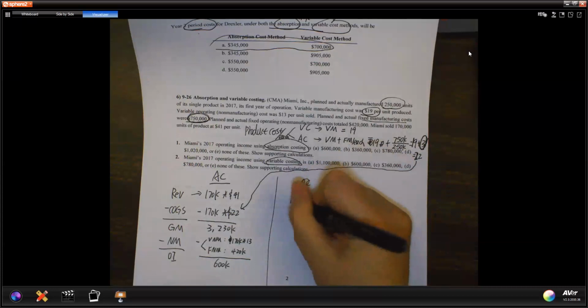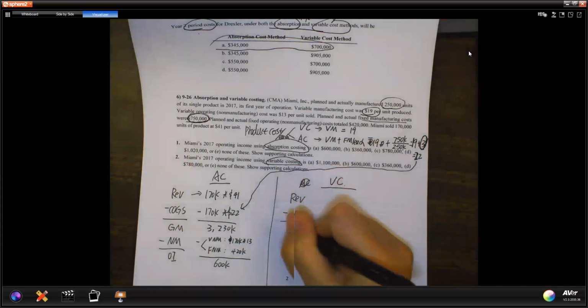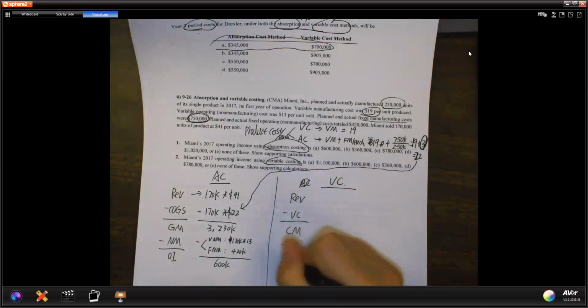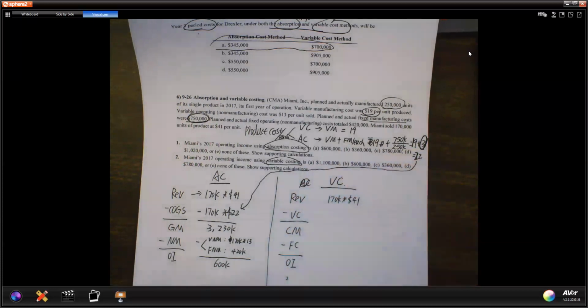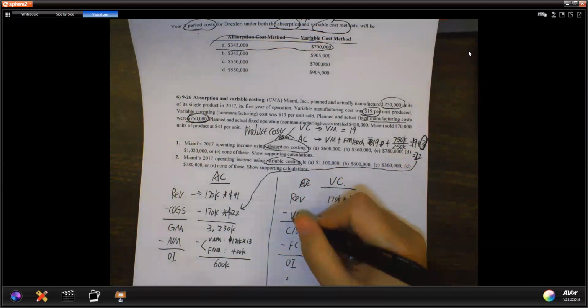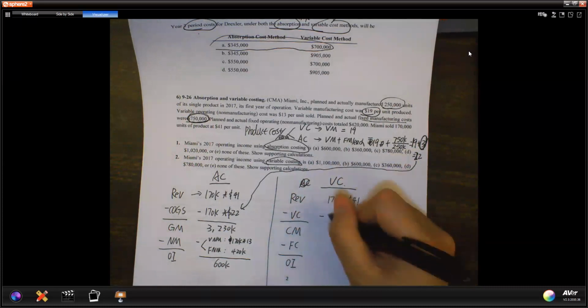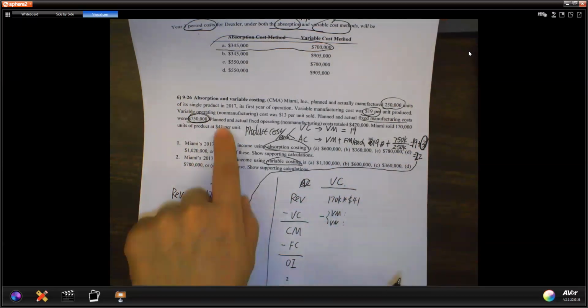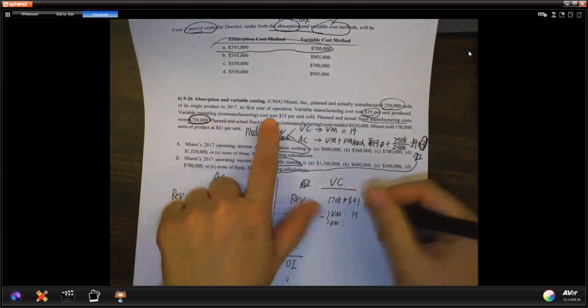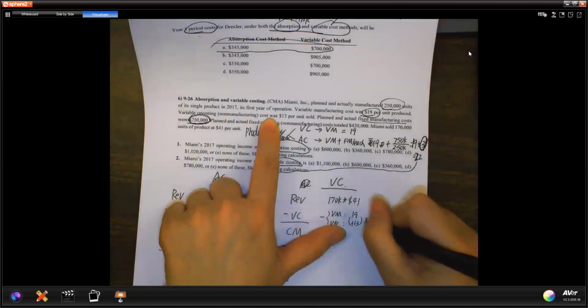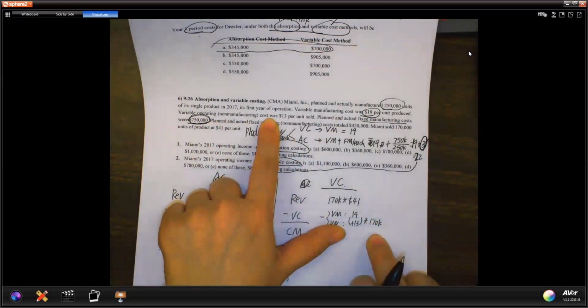Now look at our variable costing method. It's your revenue minus variable cost gives you contribution margin, minus your fixed cost gives you operating income. Our revenue is 170,000 times $41 each. We subtract all the variable costs, whether variable manufacturing or variable non-manufacturing: variable manufacturing is 19, variable non-manufacturing is 13, times the 170,000 units we sold.